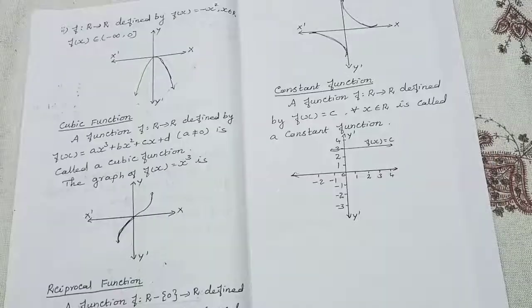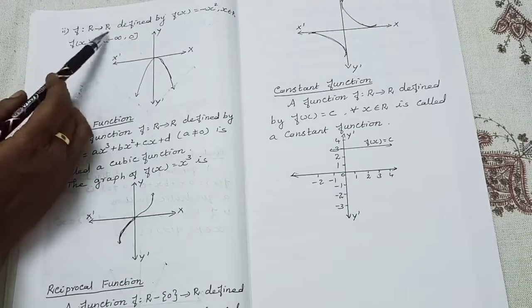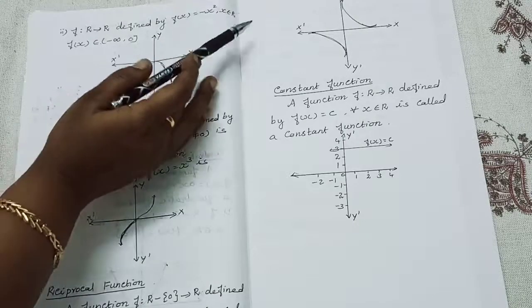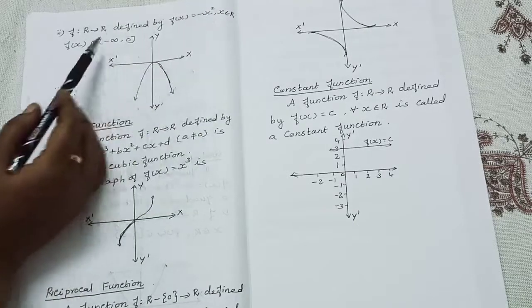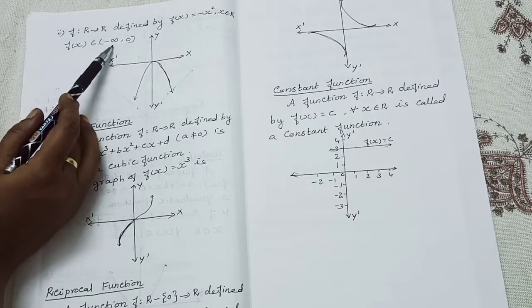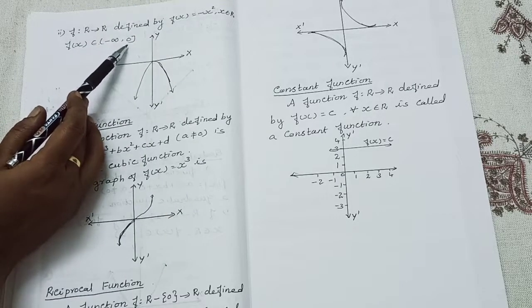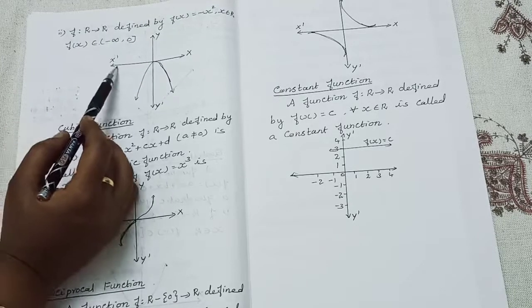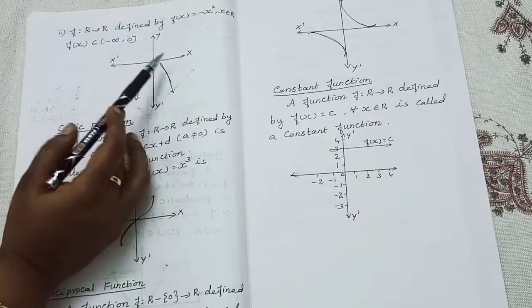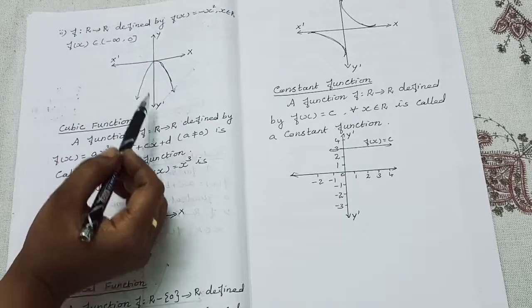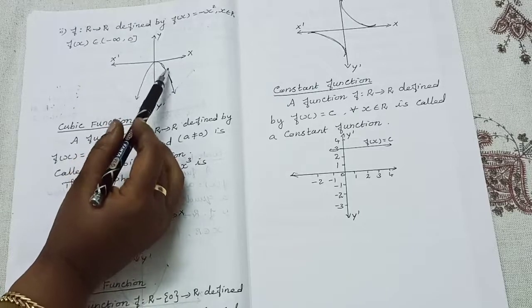Suppose f from R to R is defined by f of x is equal to minus x square, where x belongs to capital R and f of x belongs to (minus infinity, 0]. That means here x can be any real number, but f of x, the y elements, are negative values.